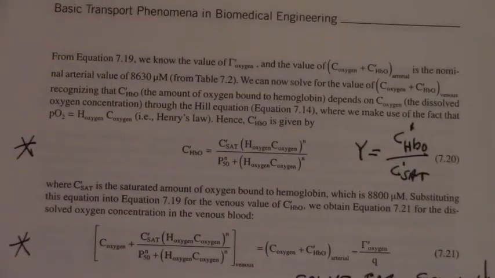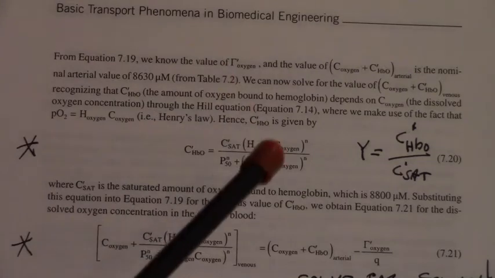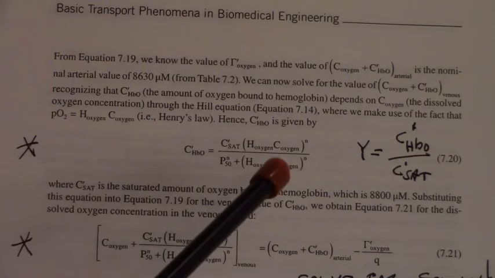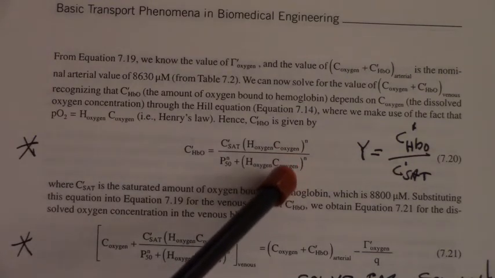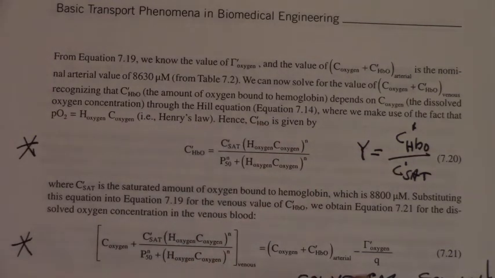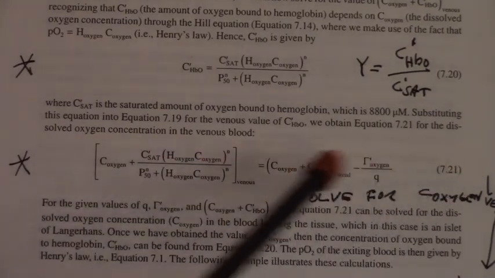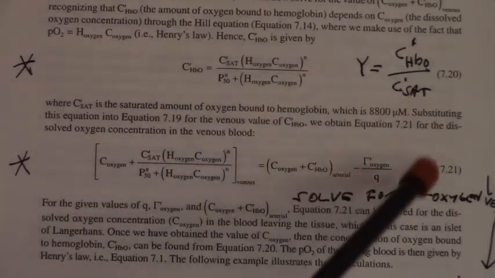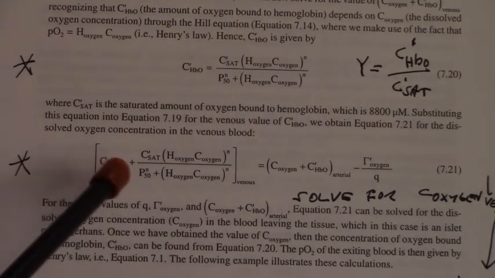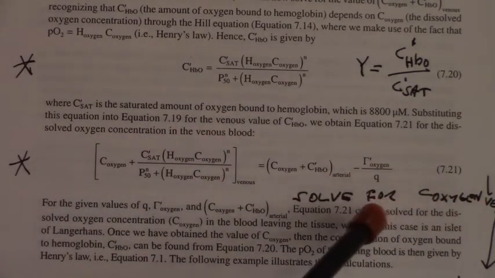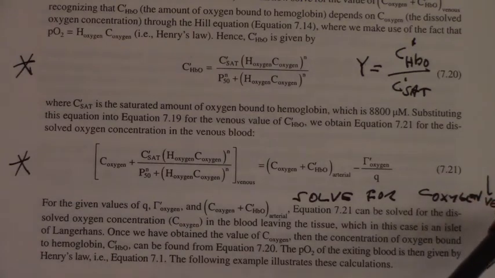And I lay out what the algorithm would look like. Here's your Hill equation that you would write in terms of the unknown venous dissolved oxygen concentration. So equation 7.19 ends up looking like equation 7.21. You can see now everything on the right-hand side you would know. Everything on the left-hand side only depends on the unknown dissolved oxygen concentration, so you could solve this equation for the oxygen concentration in the venous blood.